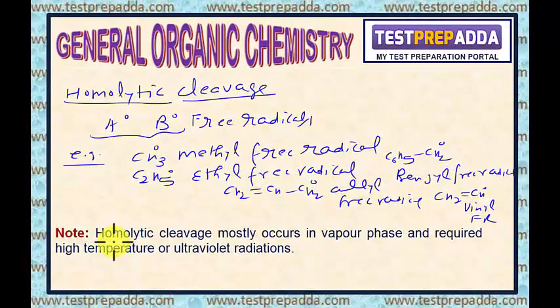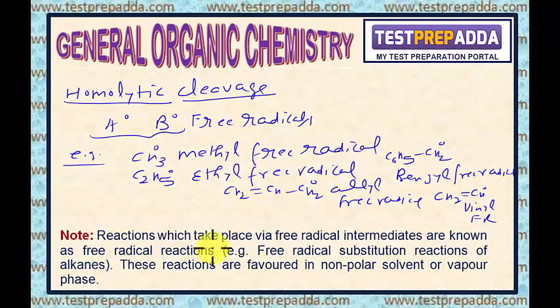Students, let me tell you a very special point that homolytic cleavage mostly occurs in vapor phase, and this fission requires high temperature or ultraviolet radiations. Another point, reactions which take place via free radical intermediates are known as free radical reactions.